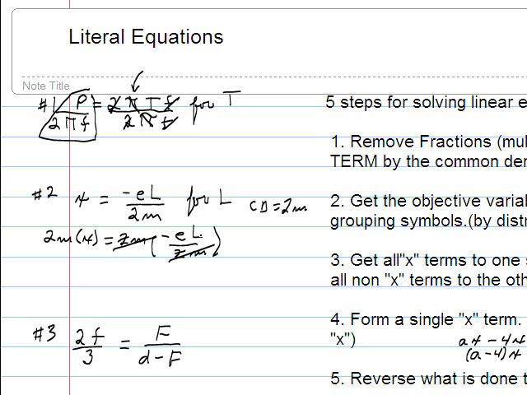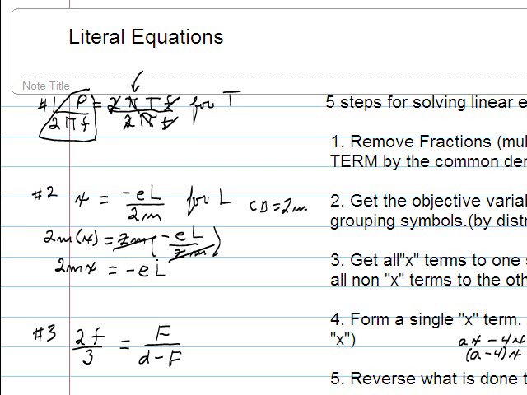Step 2 says get L out of the grouping symbol. There is kind of a big grouping symbol here, but the only thing outside of it is 1. So if I distribute my 1, that removes the grouping symbol, and I get negative EL is equal to 2mx. Step 3 says get my L terms on one side. I only have one L term, so it's got to be on one side.